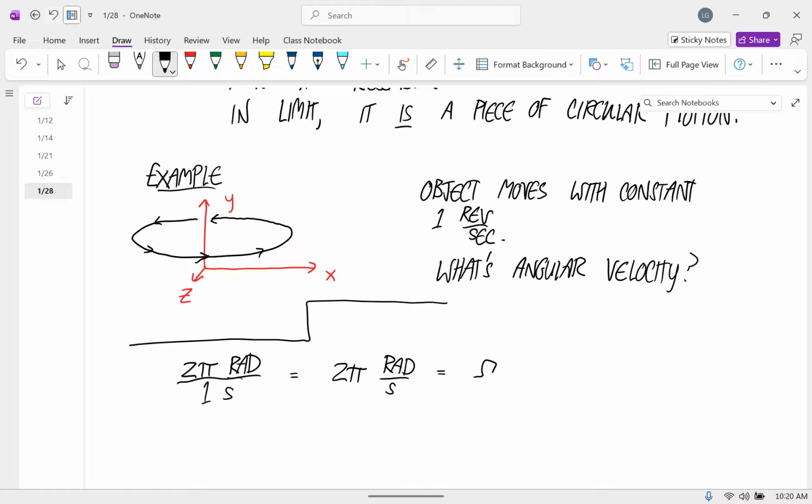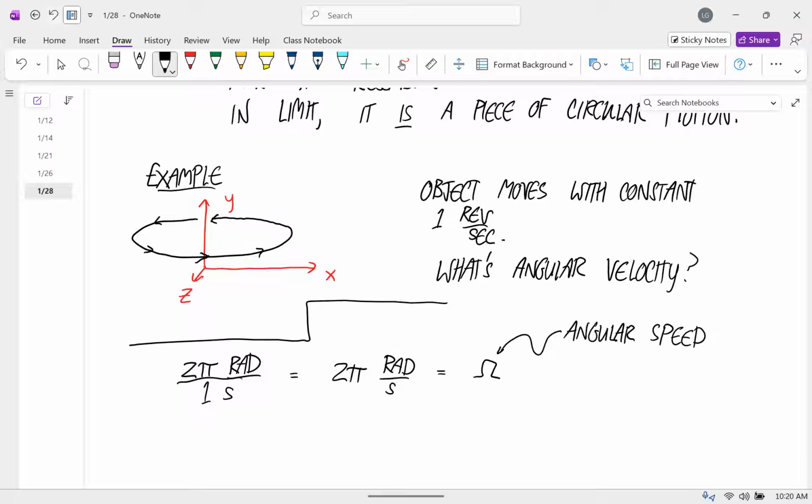And that's our angular speed. And now we have to think about the direction, and that's the right-hand rule. So curl your fingers in the direction of the circle.